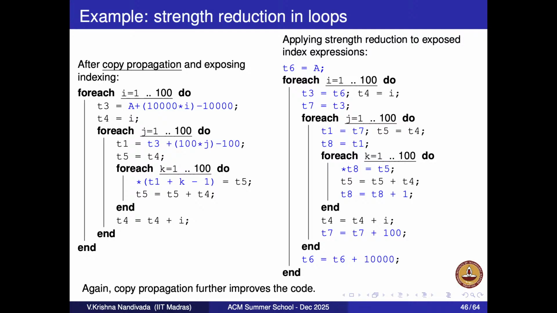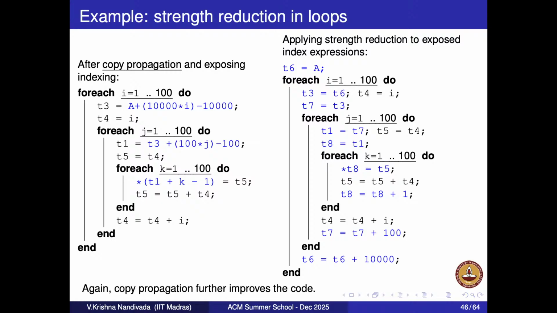Similarly, here T1 equal to T3 plus something, correct? This one also I'll replace with a temporary T7, T7 equal to T3, and increment T7 by 100. And same thing here, for this A plus blah I'll set T6 equal to A and increment T6 by 10,000.